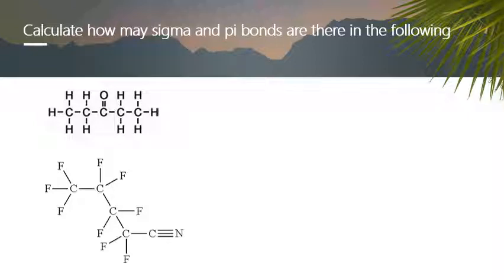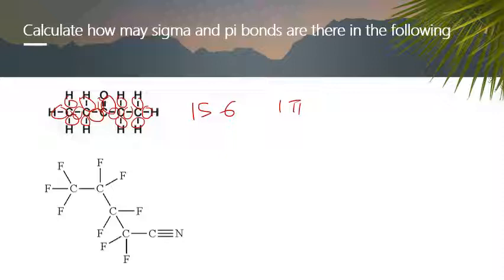So let's calculate how many sigma bonds and pi bonds there are in the following molecules. You calculate first, and then after that, we'll continue here. Okay, let's count how many sigma. 1, 2, 3, 4, 5, 6, 7, 8, 9, 10, 11, 12, 13, 14, 15. 15 sigma. There's a double bond here, so that's 1 pi.